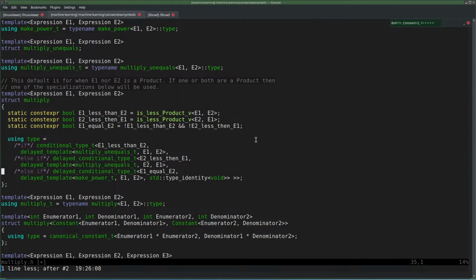Which is not that much of a problem, except that, oh boy, what did I do? Yeah, this code can only deal with symbols and powers, and it should only ever have to deal with that. And now I'm suddenly calling multiply for anything, any multiplication, including sums, for example.